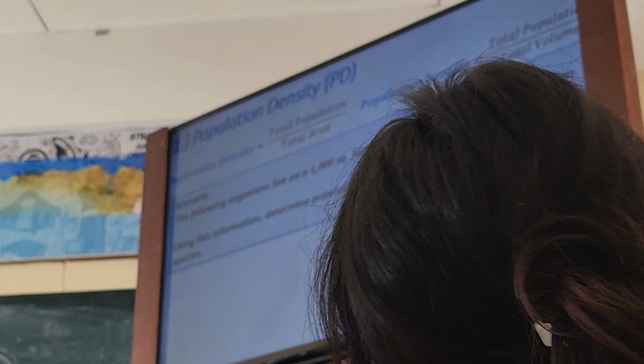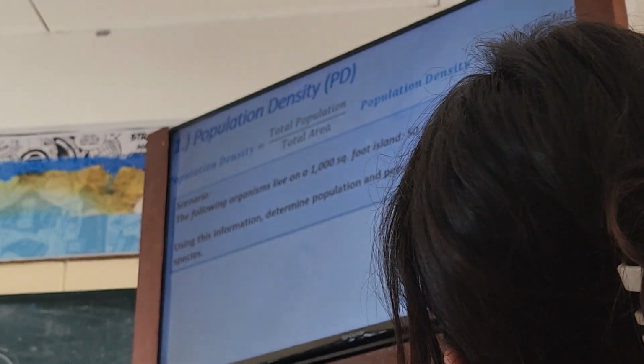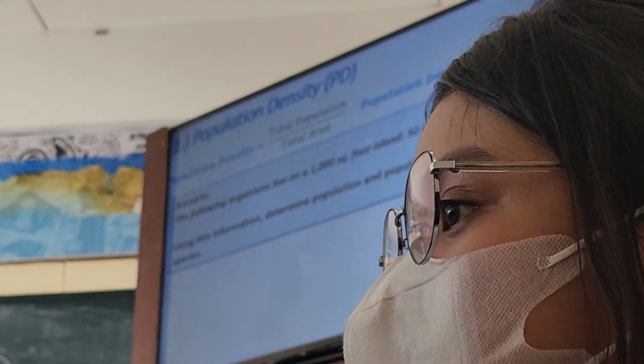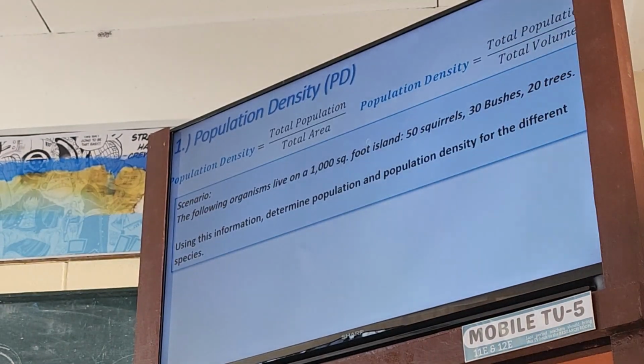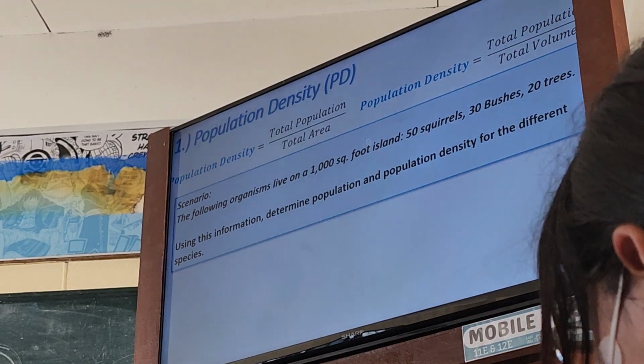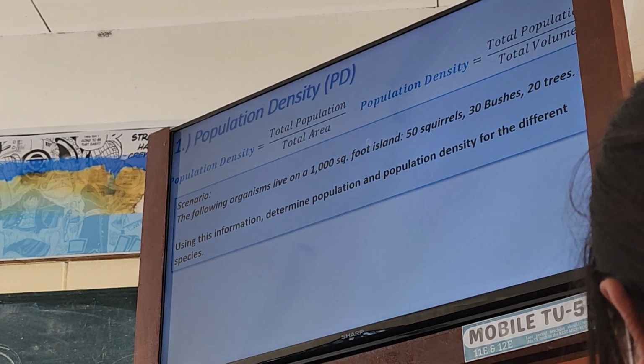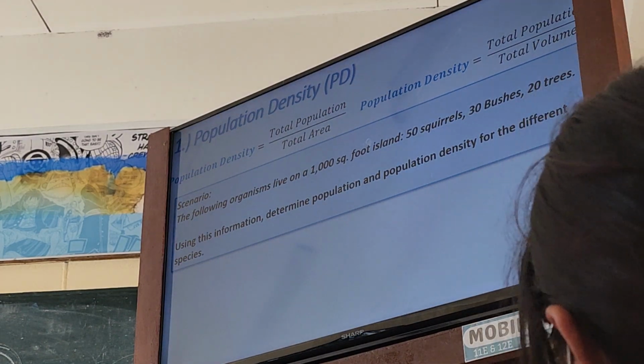For the different species, do you have an answer? Sure, the population density of the squirrels is 0.05. For the 30 bushes, it is 0.03. And for the 20 trees, it is 0.02.